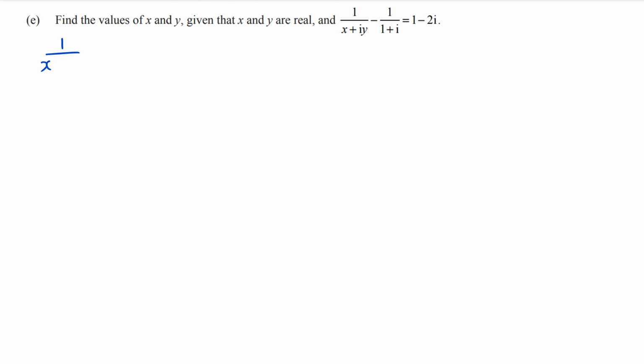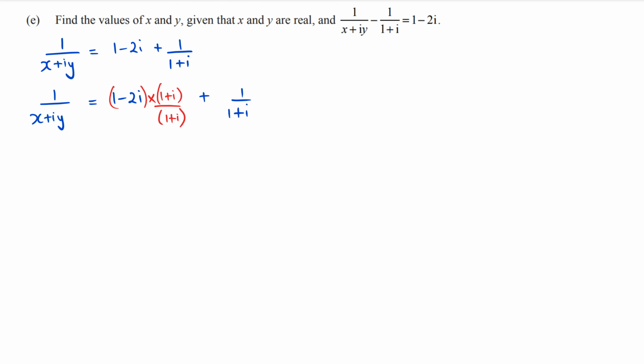So I'm going to write this as 1 plus x plus iy equals 1 minus 2i plus 1 over 1 plus i. Because what I'm going to try and do is combine the right hand side as a fraction, and then flip it upside down just to see whether it'll work or not. So I'm going to have them with same denominators, which means I would need to multiply this 1 minus 2i by 1 plus i in the numerator, and in the denominator by 1 plus i.